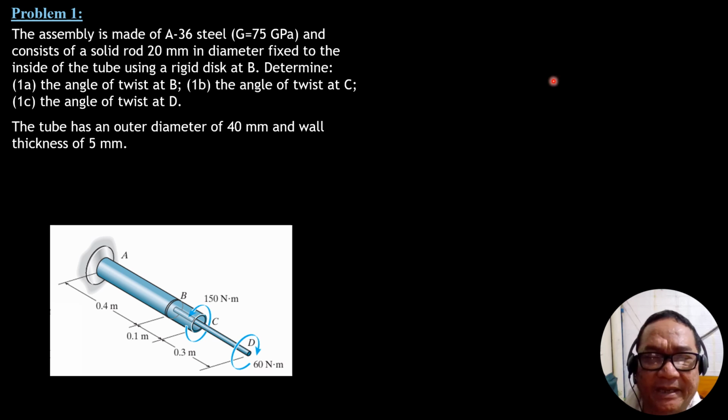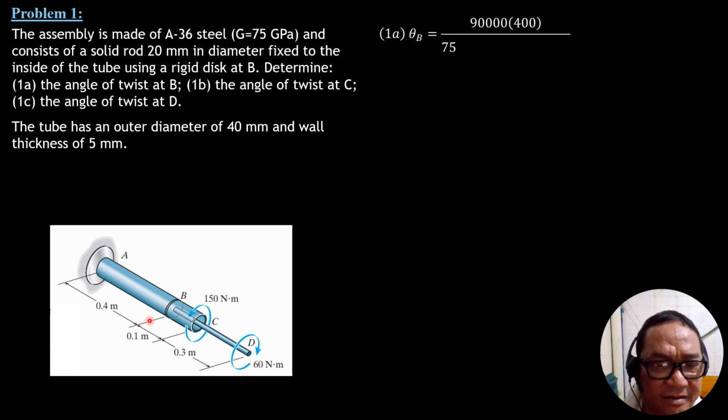Then we multiply the entire expression by 180 degrees over pi radians to convert the angle of twist to degrees. So theta B is, of course, if we draw the torque diagram, so this is negative.